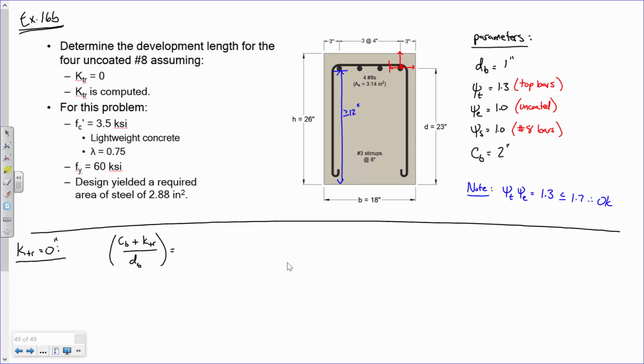And that comes out to be what? It's 2 inches plus 0 inches over 1 inch, which is 2 inches. Is that an acceptable value? It is, right? What does it have to be less than or equal to? 2.5. And that's not inches, that's just a value.